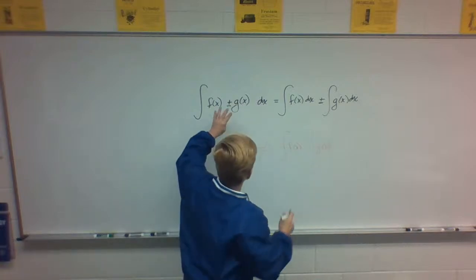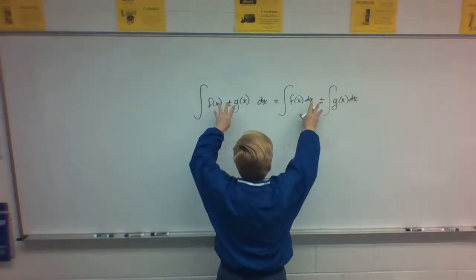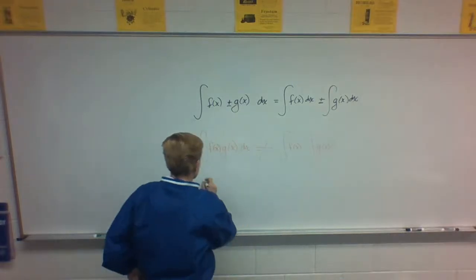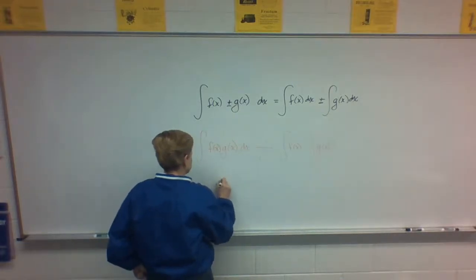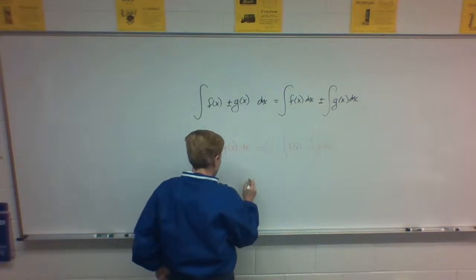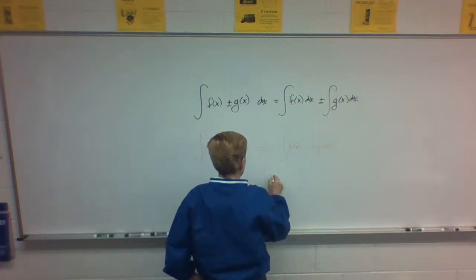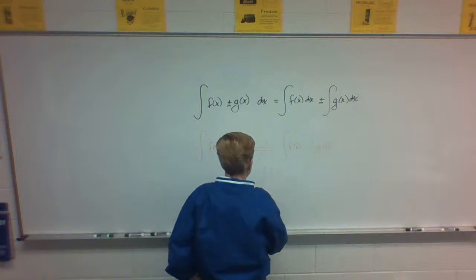You cannot take this plus minus property and just let it migrate into multiplication and division. That is not the integral of f of x divided by the integral of g of x. It is not.